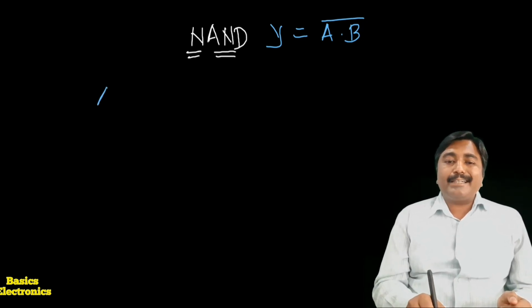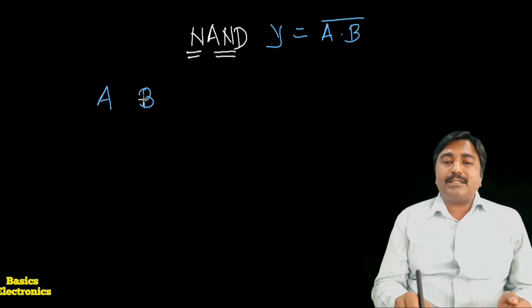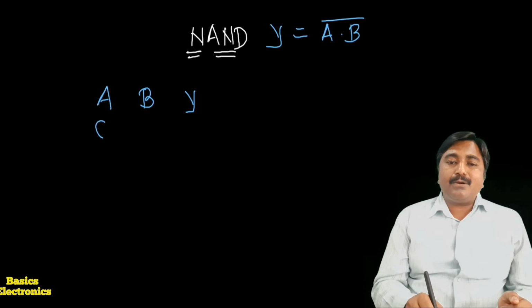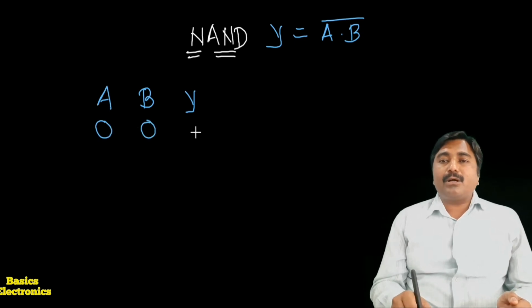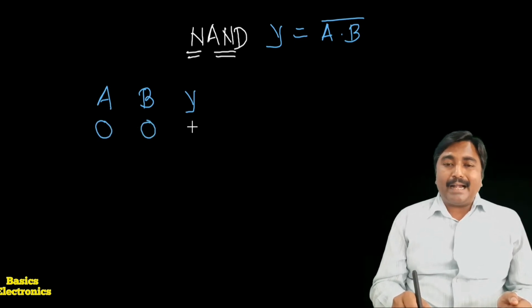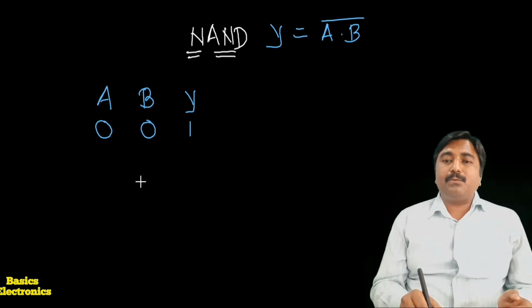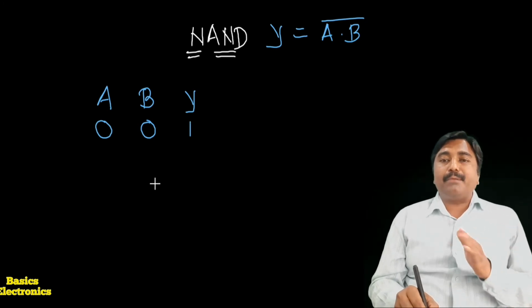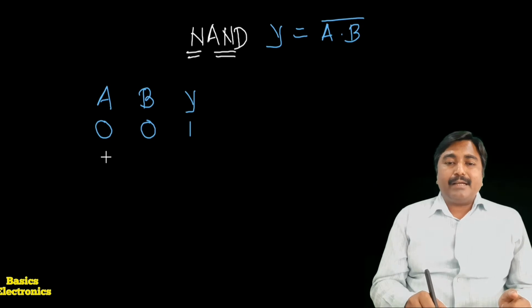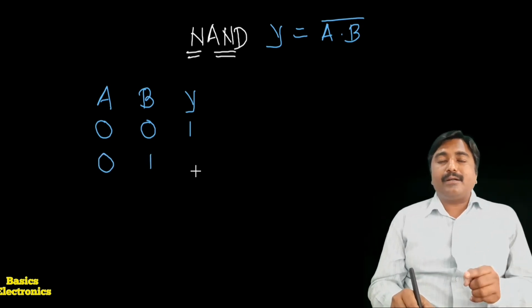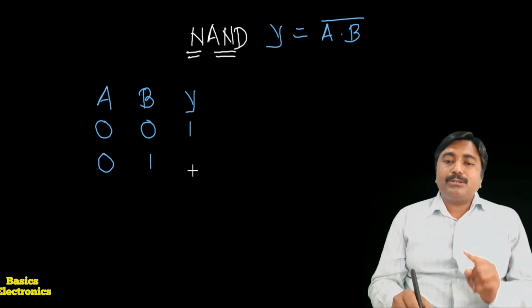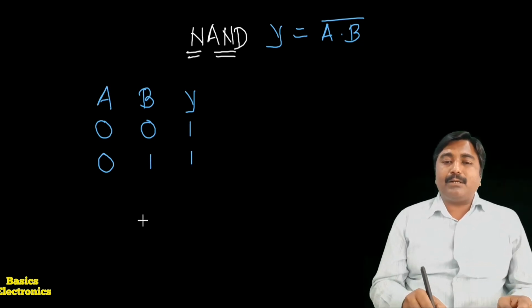If we draw its truth table, then we get its logical statement or the don't care condition. If A is 0, B is 0, 0.0 is 0, and the output Y is 1 because Y is the complement. If A is 0, B is 1, 0.1 is 0, its complement is 1.